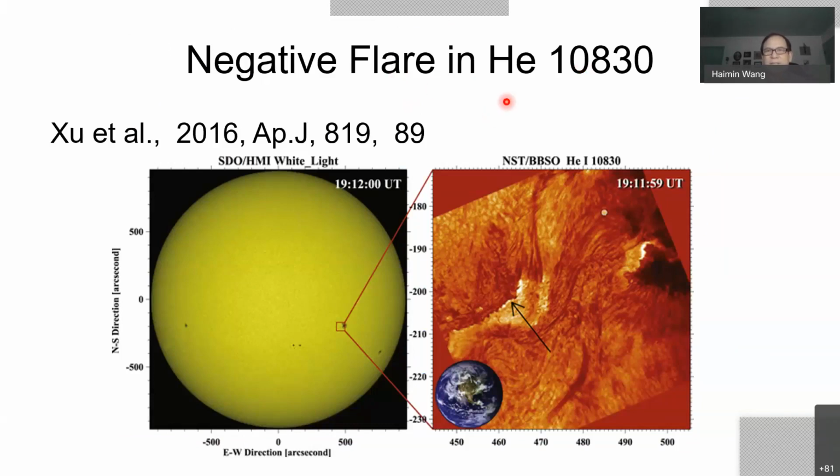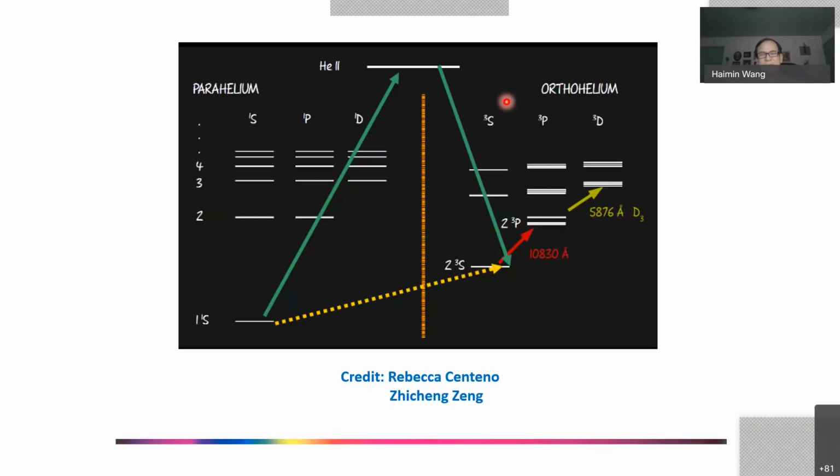It's called the helium 10830 line. And I know some of the audience are PhD students, so you have a qualifier in a few months. So this could be one of the good qualifier problems for quantum mechanics.